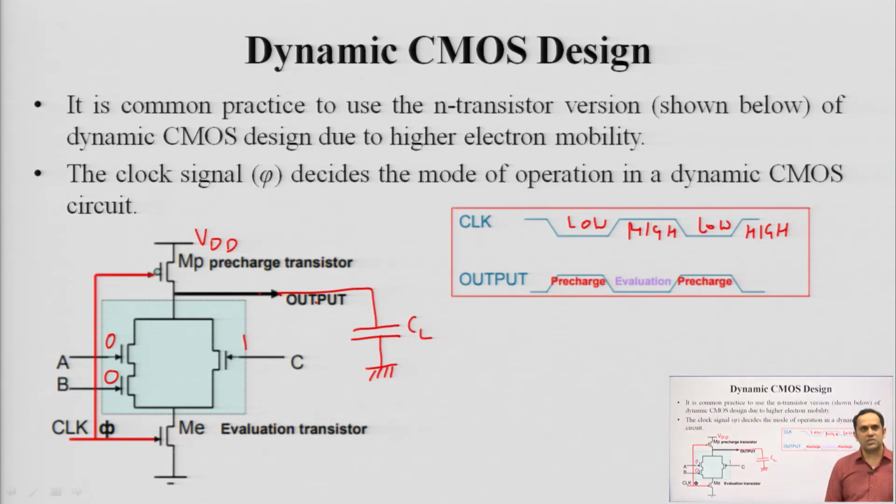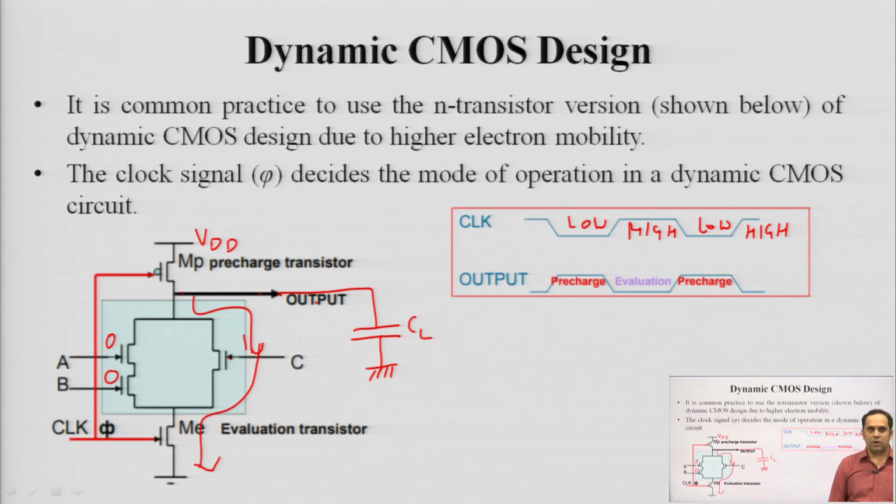If I have this logic input combination present, from this point till this point there is going to be a low resistance path, a closed switch, and the clock is also high. So, this evaluation transistor turns on, and now I have a path for the ground.